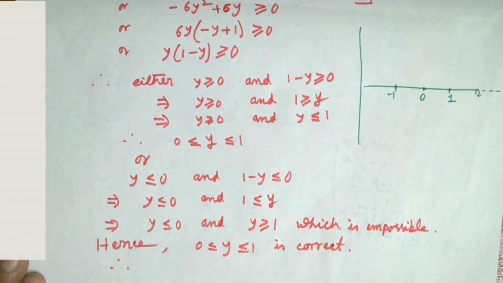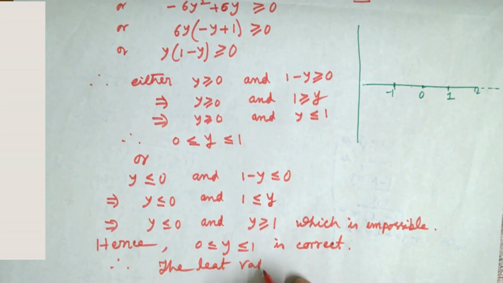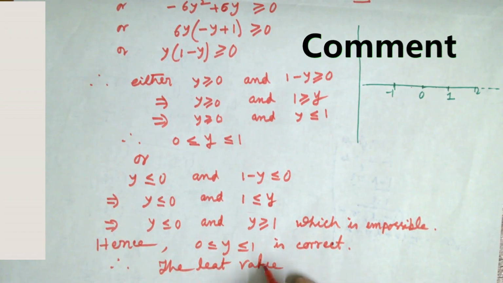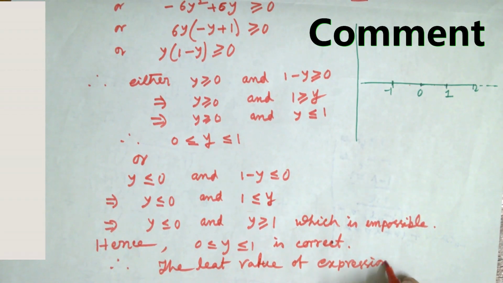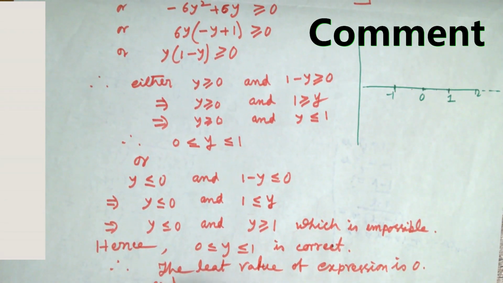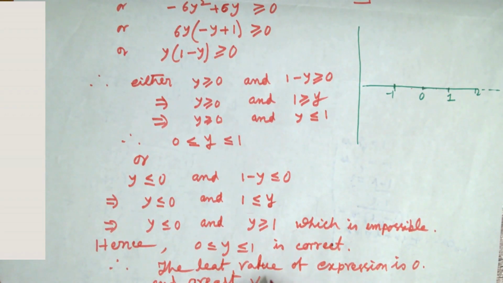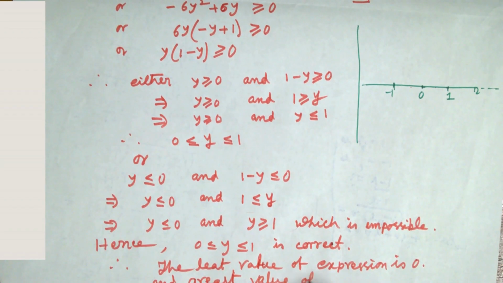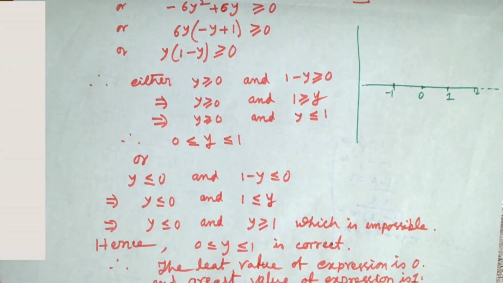Therefore, the least value of the given expression is 0 and the greatest value of the expression is 1. Hence the result.